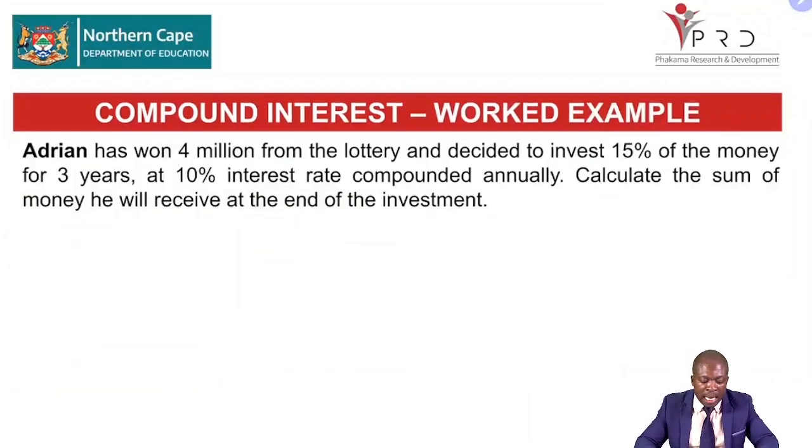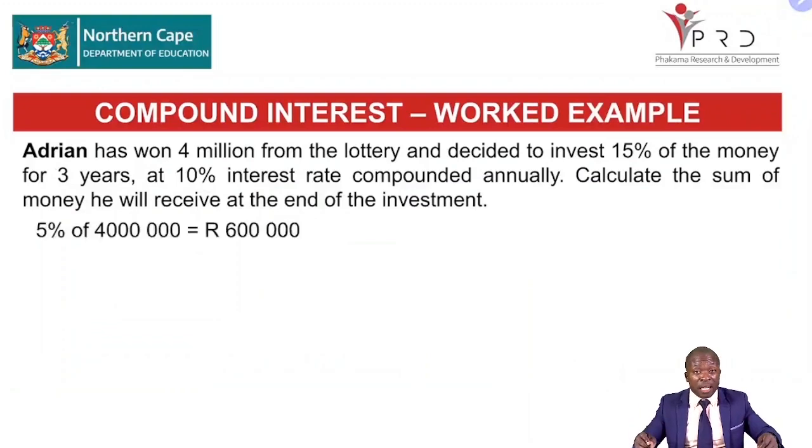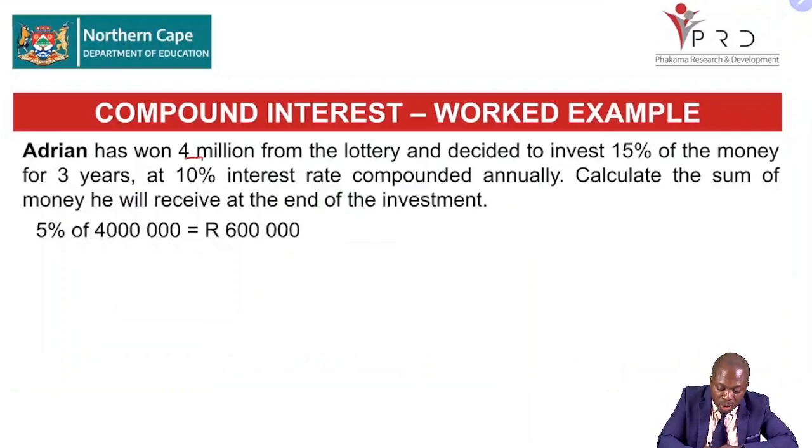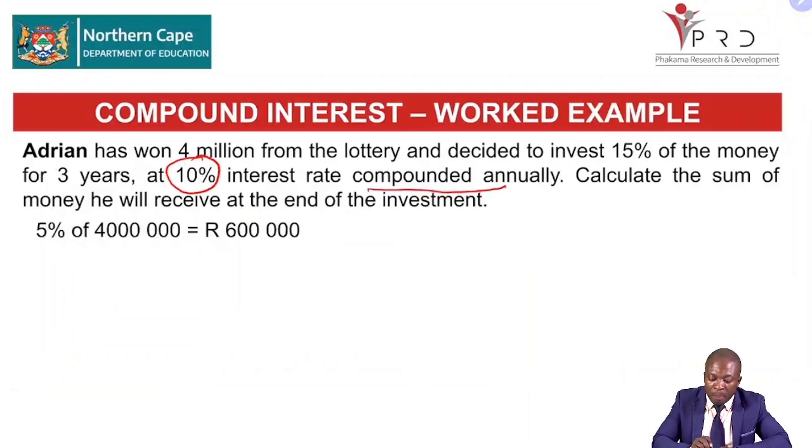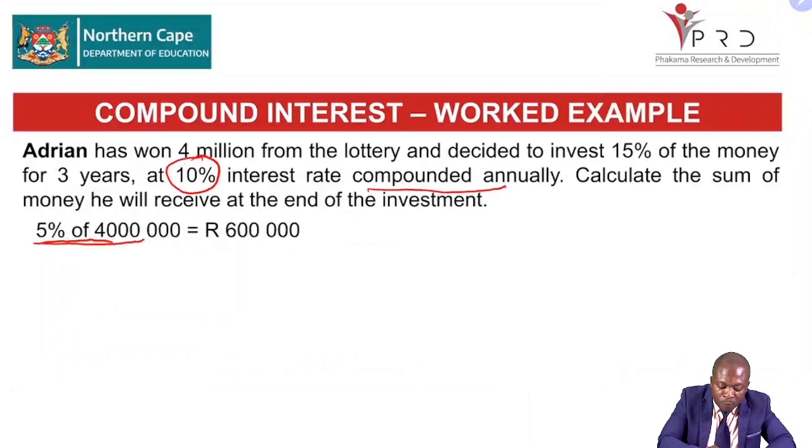Now, let's look at the next question this year. We want to use the same idea of the 600,000, which Adrian is deciding to invest. Can you see here? The interest rate for the whole year was 10%, compounded annually. But what we are trying to do here is where we want to see, look at here, 5% of 4 million.